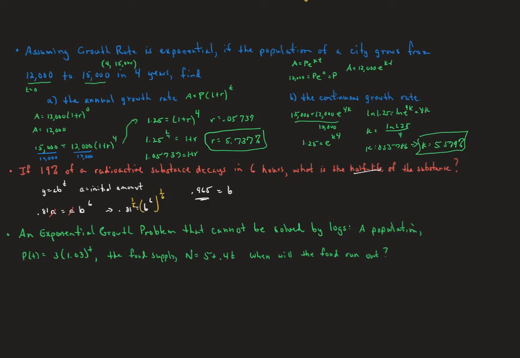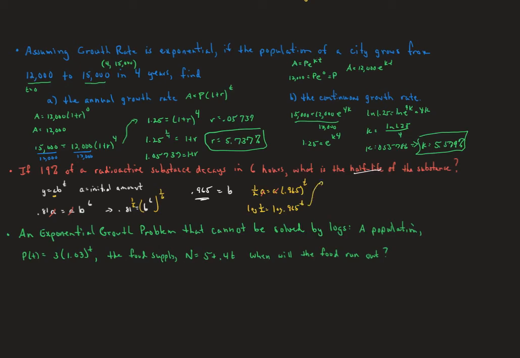So now what we're going to do is say if a is our initial amount, we want to know when will there be half of that initial amount. And so that's going to be our 0.965, and we're trying to find out what the value of t is. When will we have half as much? So we'll divide that out again, and we will then take the log of both sides, and we're trying to solve that for our t.